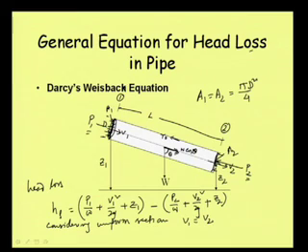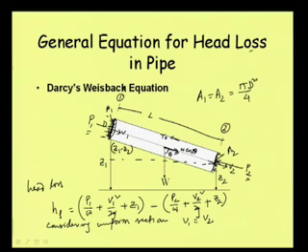What is that theta? If we write cos theta, there is a difference between these two levels, which is nothing but Z1 minus Z2. So, this difference is there, and what is this length?